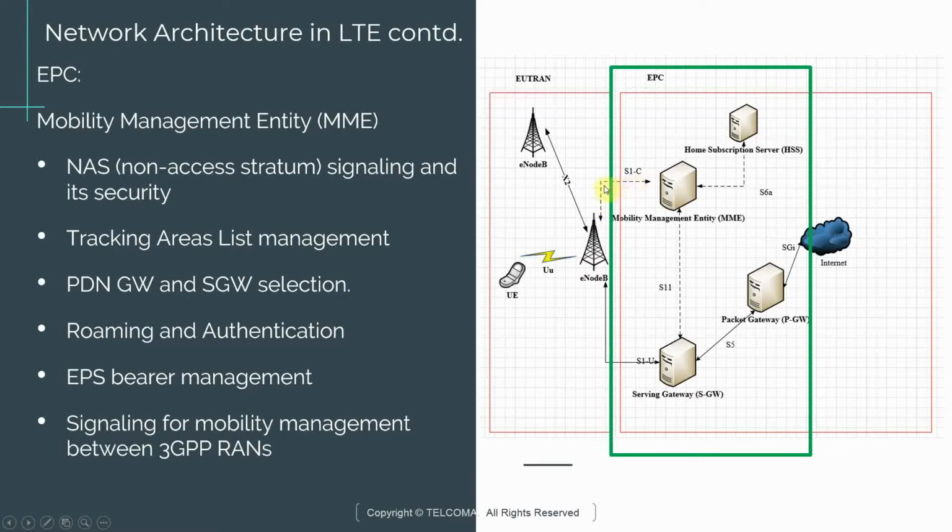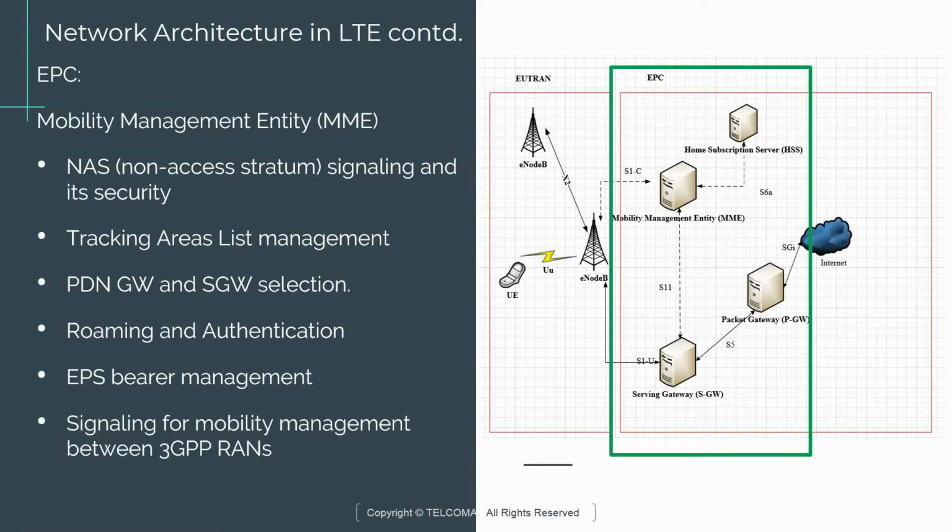That means that this is a signaling connection, as you may recall from the previous slides. So here, one of the key functions is that it is responsible for NAS signaling and its security. NAS just stands for non-access stratum, and what NAS is will become clear in the following slides. But for now, just keep in mind NAS means non-access stratum.